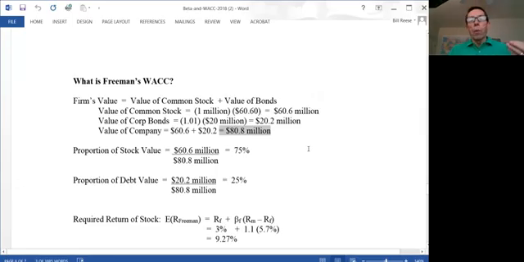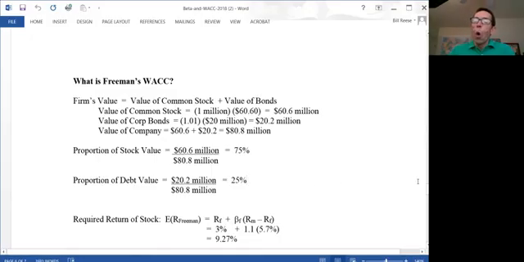So what is the proportion of equity in our capital structure? It's going to be the value of the equity divided by the value of the company, and that's going to be 75%. So 75% of our capital was supplied by the stockholders. That leaves 25% for the value of the debt, the $20.2 million divided by the enterprise value of the firm.